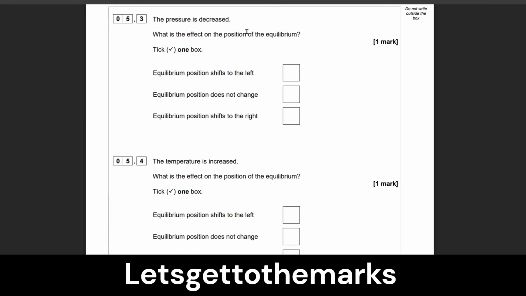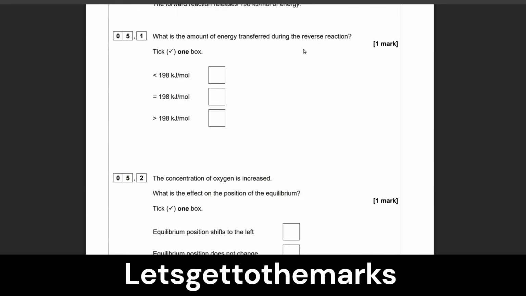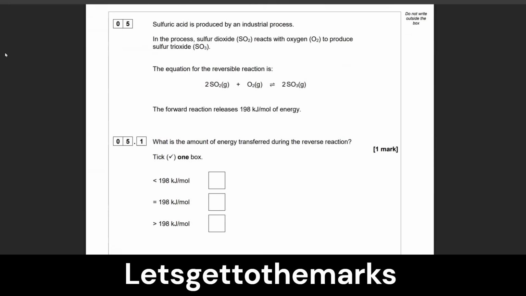The pressure is decreased. What is the effect on the position of equilibrium? Why don't you pause the video, have a go? Okay, let's have a little look. When we're talking about pressure, it's talking about gas molecules. How many gas molecules are over here? I've got 2 times G, that's 2, plus another G over here. There are 3 gas molecules on this side of the equation.